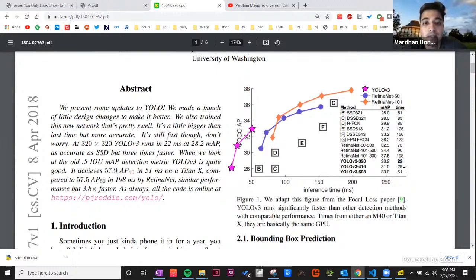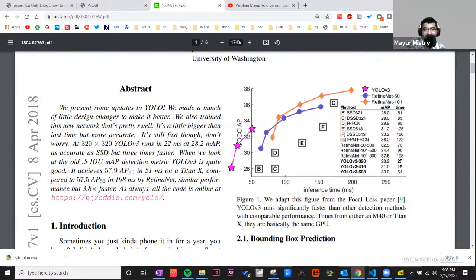The pink one is YOLO V3, and the time is pretty less, but the mAPs are okay as compared to the other networks. But the main idea is that it has to be fast. That's it.